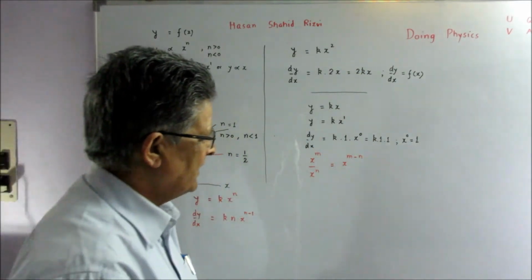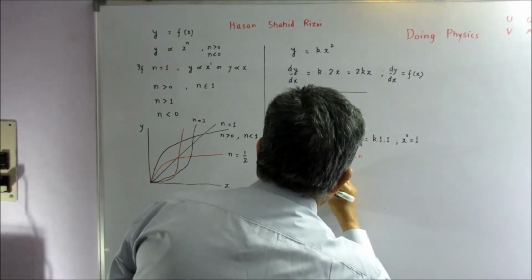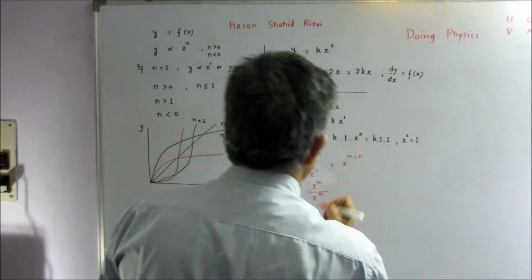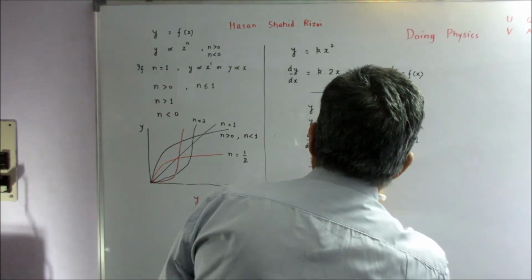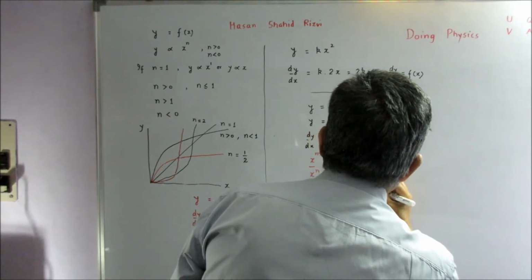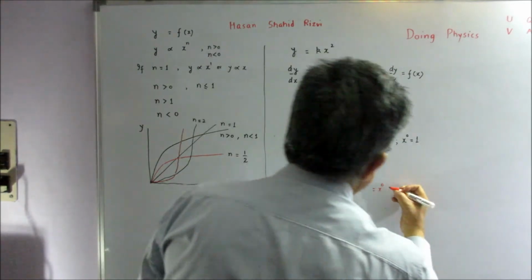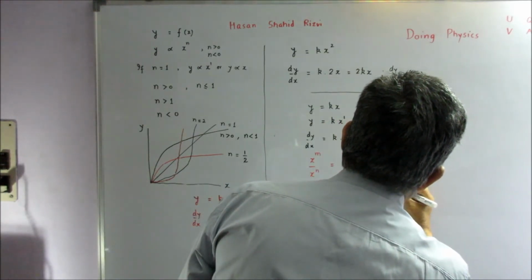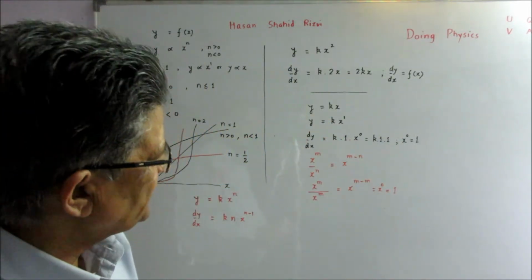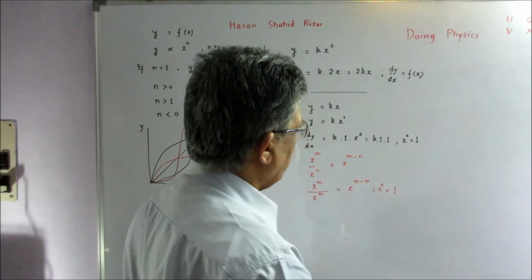And if m becomes equal to n, so x to the power of m divided by x to the power of m becomes equal to x to the power of m minus m, which is equal to x to the power of 0. And since this divided by this is equal to 1, any number to the power of 0 is equal to 1. Okay, so that dy dx becomes equal to k.